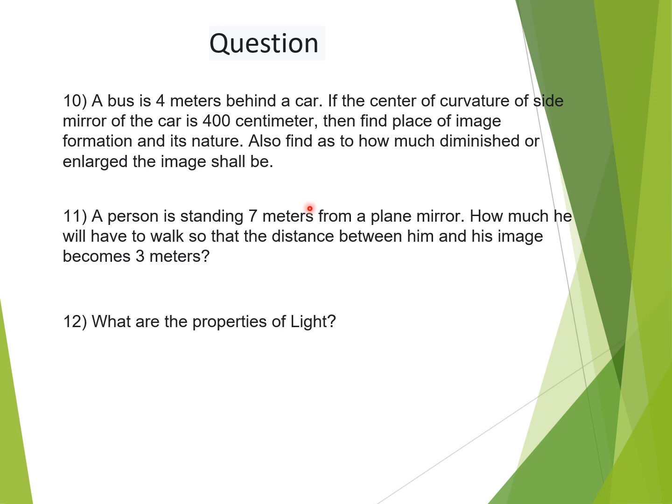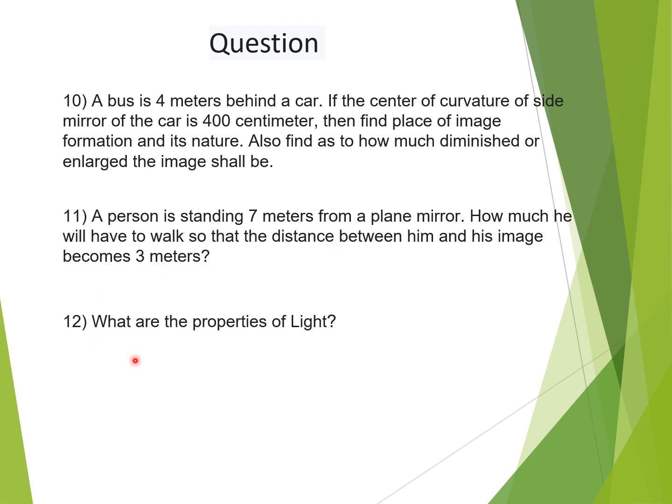Currently he is at 7 meters. So he will have to walk 7 meters minus 1.5, that is 5.5 meters towards the mirror, so that the distance between him and his image shall become 3 meters. So the answer shall be 5.5 meters towards the mirror.